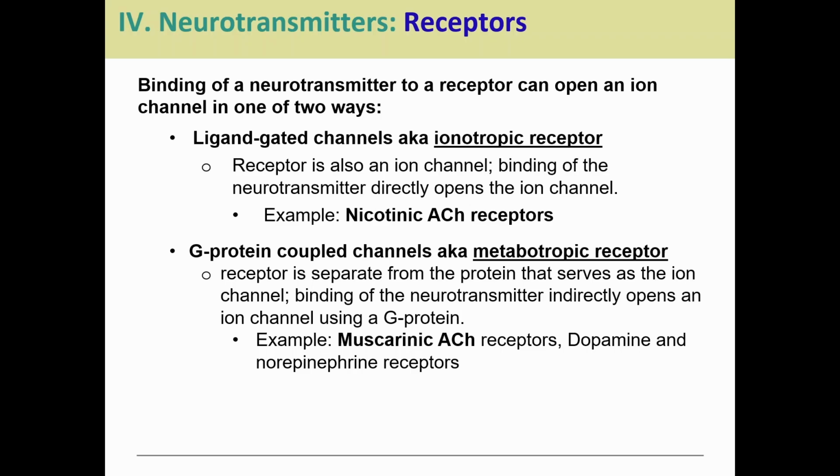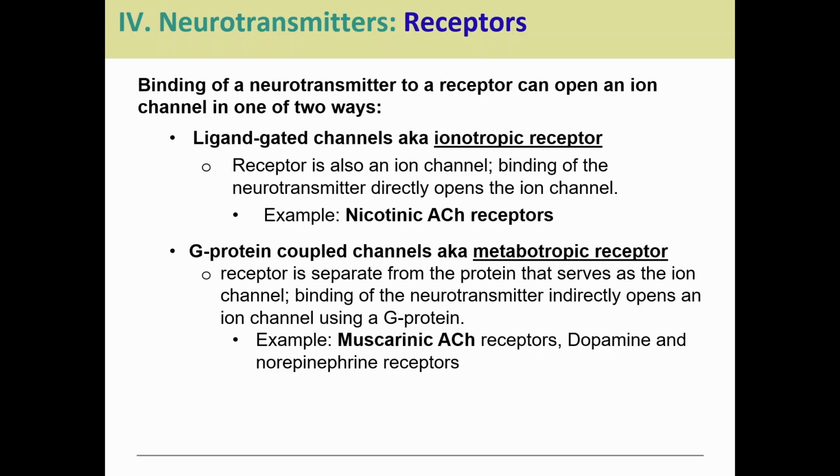Ligand-gated channels are ionotropic receptors. These just open the channel when the neurotransmitter binds. An example would be the nicotinic acetylcholine receptors. Other ones are G protein coupled channels, or metabotropic receptors. This is where the receptor is separate from the protein that serves as the ion channel. So the receptor and the channel are separate, and when the neurotransmitter binds to the receptor, the G protein will indirectly open the channel.